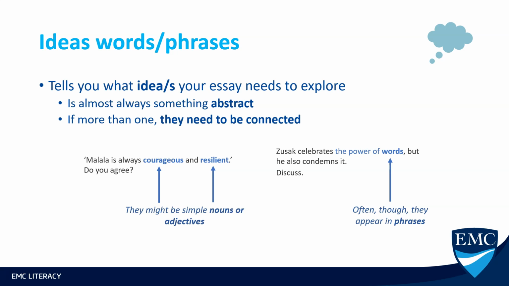Zusak celebrates the power of words, but he also condemns it. Discuss. Here, words is our basic idea, but it appears in a phrase, the power of words. This is giving us more information to work with. We're not just thinking about any old words, we're thinking about words that have impact, that have some kind of power.